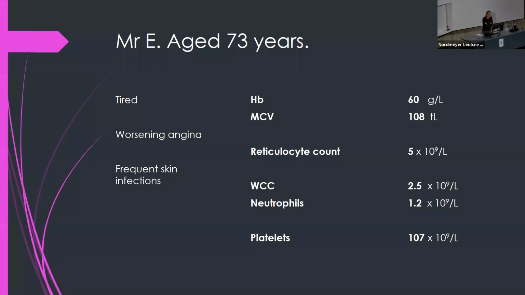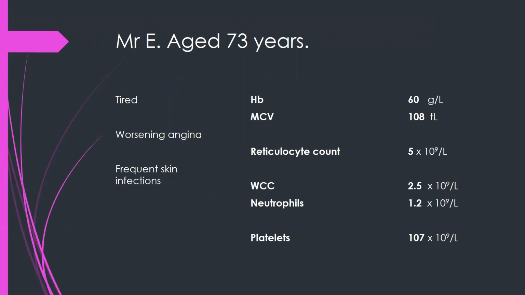He's also getting skin infections, even though his neutrophil count's a bit low, but it's not really low enough to give somebody increased infections. So that, to me, as a hematologist, suggests there's something wrong with either the neutrophil function, particularly if it's bacterial infections, or some other part of the immune system.